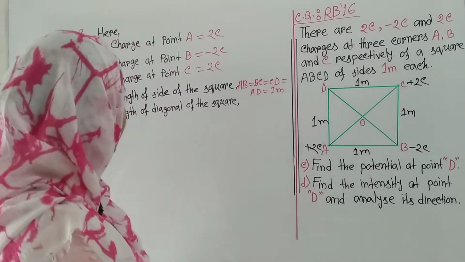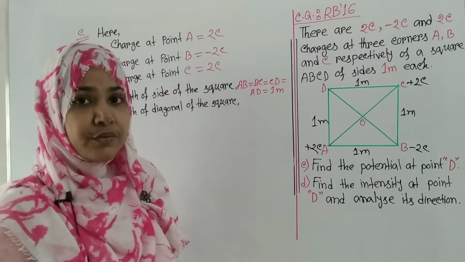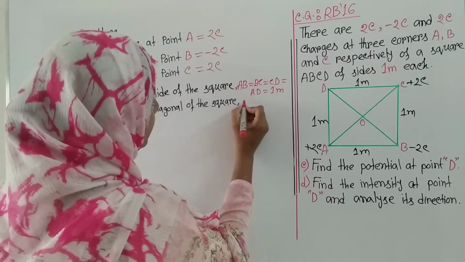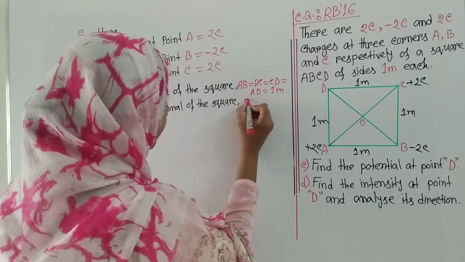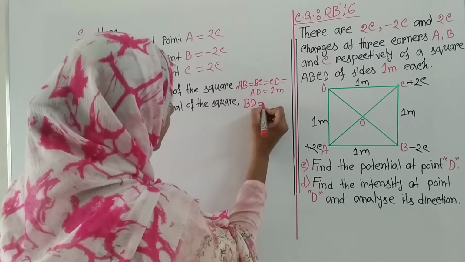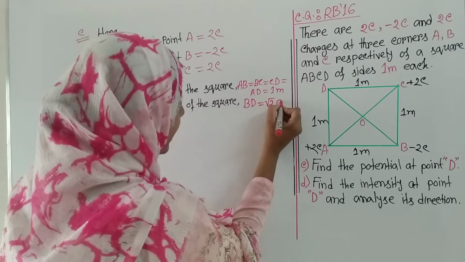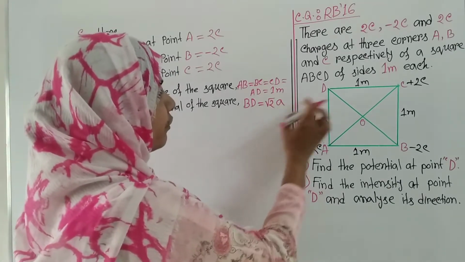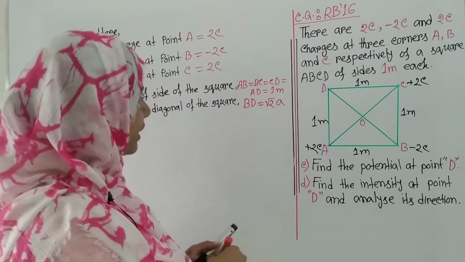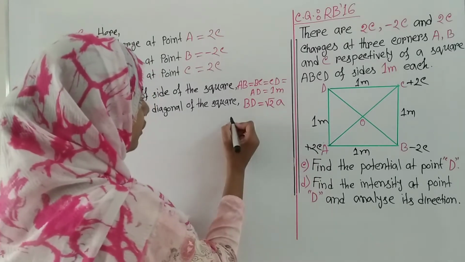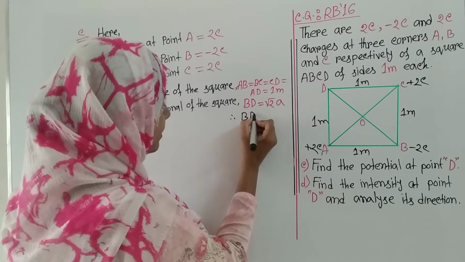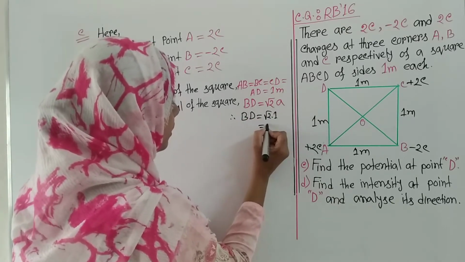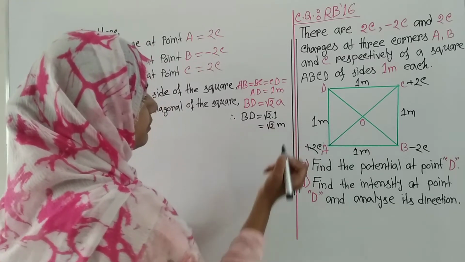You know that the formula for the diagonal of a square is: length of diagonal of the square, BD, is equal to root over 2 times a. A means the length of the side of the square, and here the value of a is 1 meter. So the value of the diagonal, BD, is equal to root over 2 into 1, that is root over 2 meter.